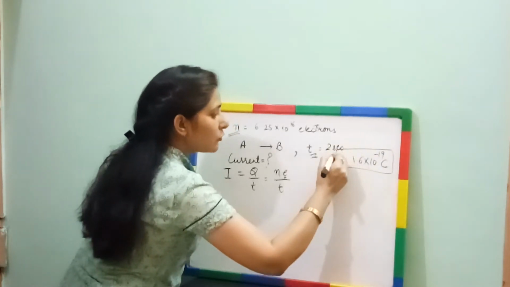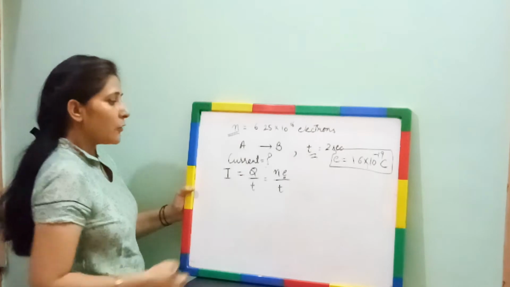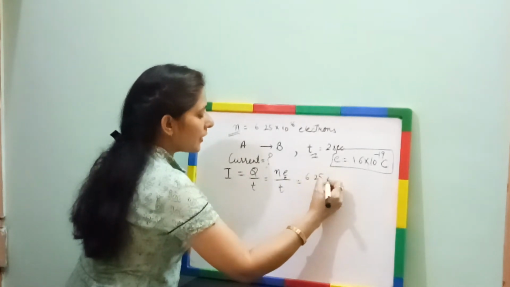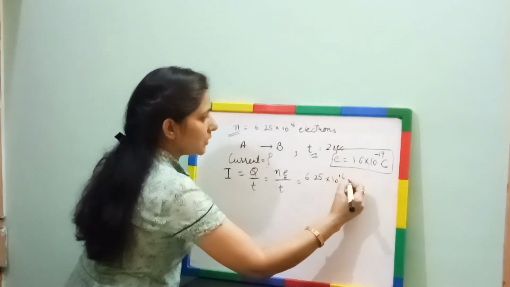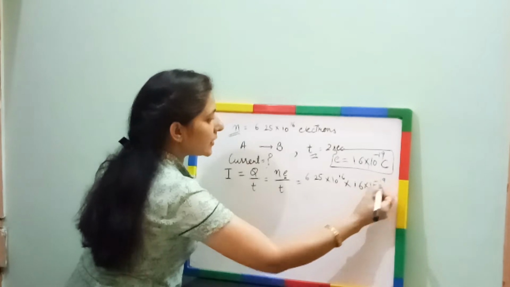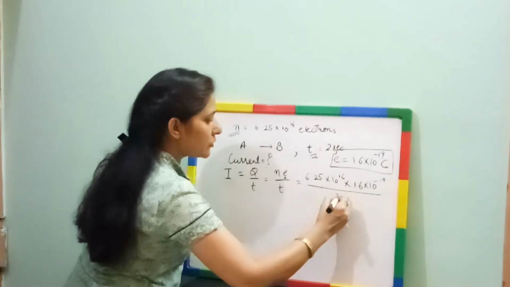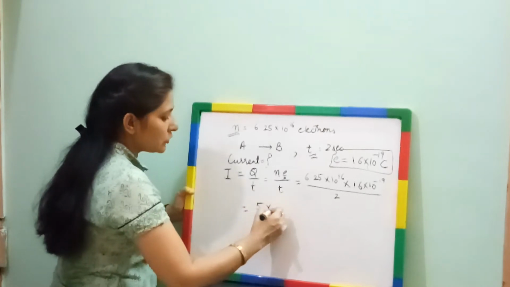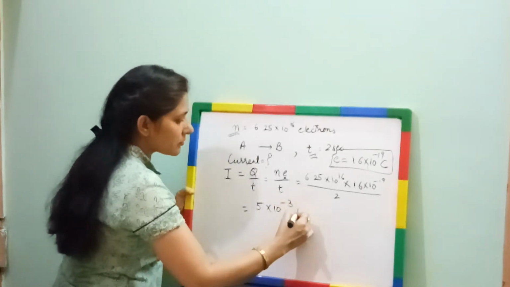I believe you will remember, I had said this would be needed. Okay, so put the values over here. This is 6.25 into 10 raised to the power 16 into 1.6 into 10 raised to the power minus 19, divided by 2. When you solve this completely, that will be 5 into 10 raised to the power minus 3 ampere.